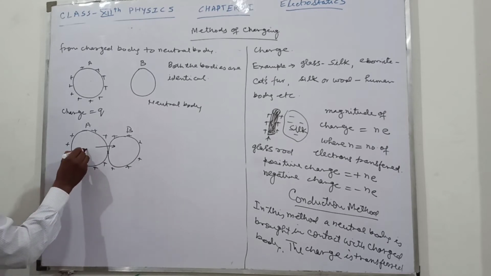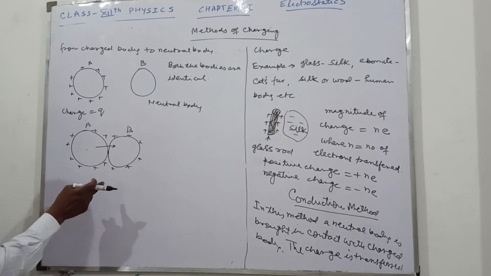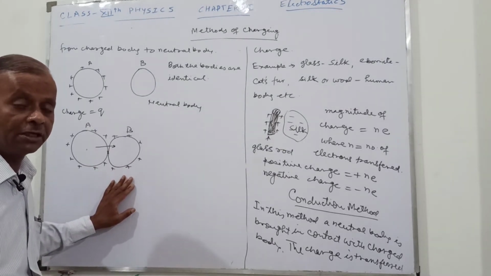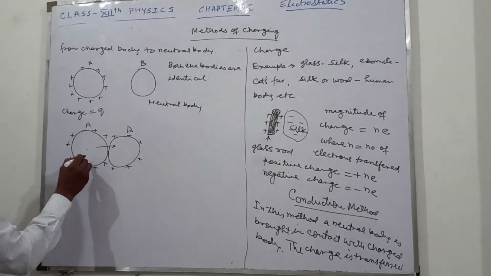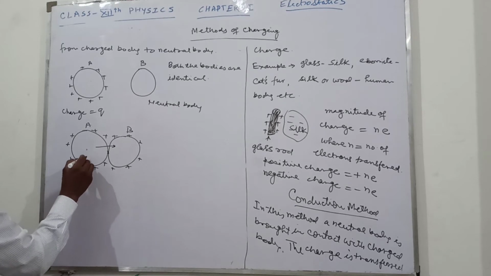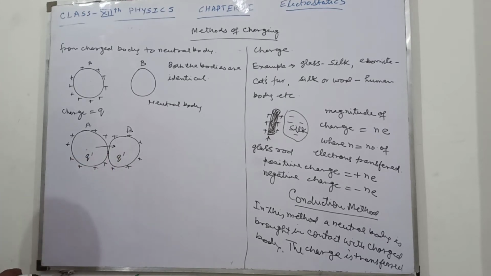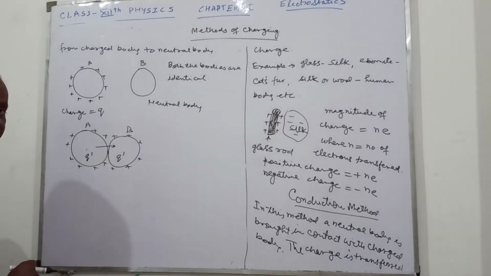How much charge? Since the bodies are identical, they will gain equal charge. So let the charge on each be Q dash and Q dash.